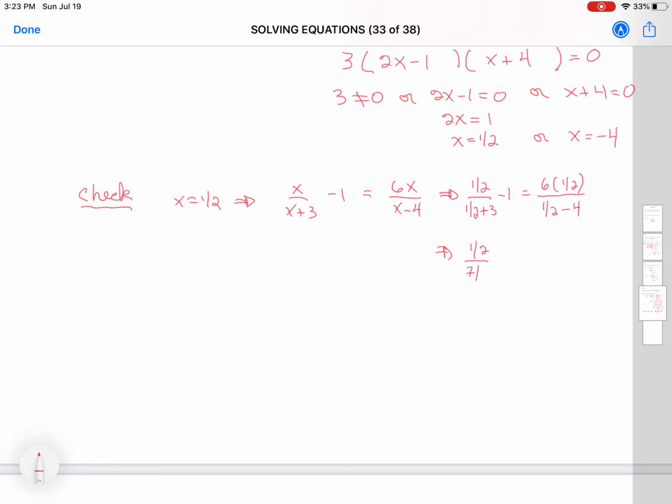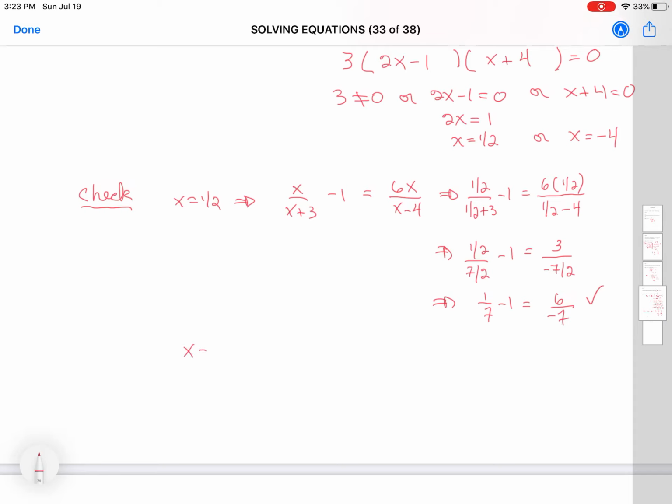This is 1/2 over 7/2 minus 1, while this is 3 over minus 7/2. So that is 1/7 minus 1, and that is 6 over minus 7.